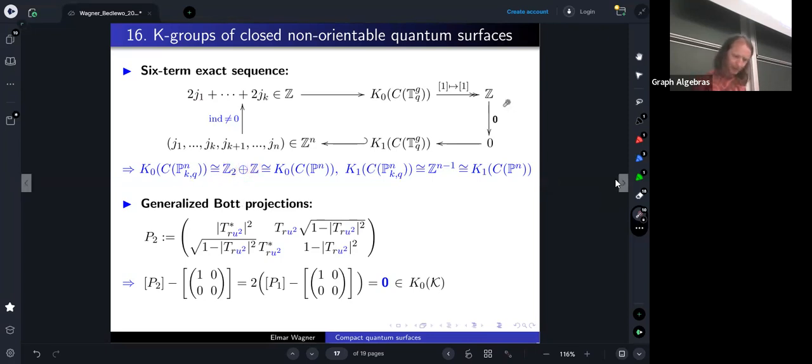This set comes here from the splitting. These are the trivial projections, and that's the same as in the classical case where these projective spaces have K0 equal to Z plus Z2.